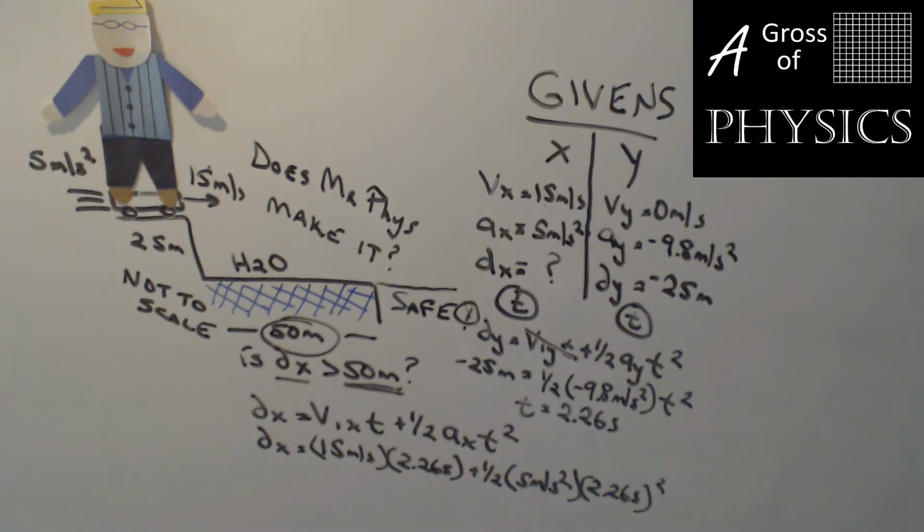Now, calculating it. 15 times 2.26, that's 33.9, plus parentheses, 0.5 times 5 times 2.26 squared, close parentheses, equals, dx equals 46.67 meters.